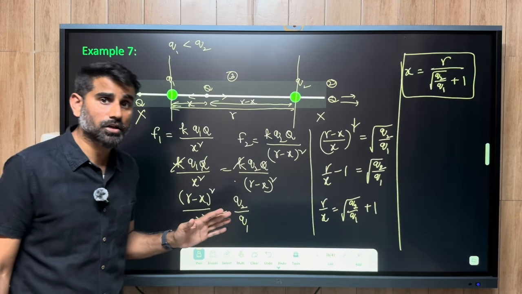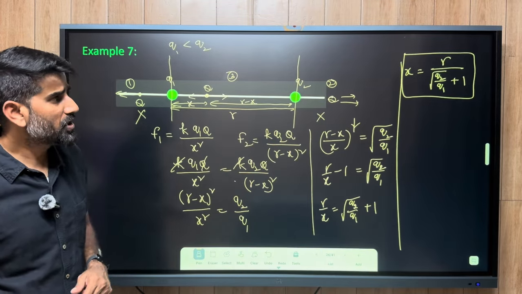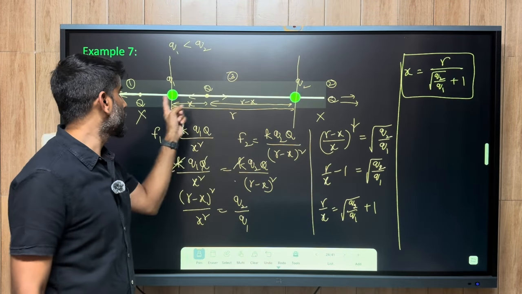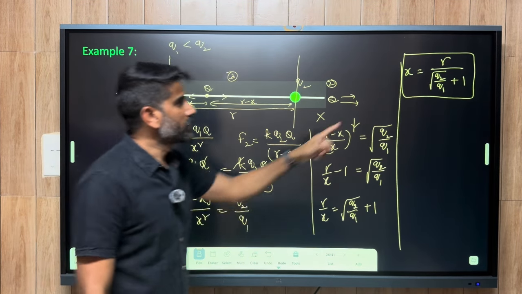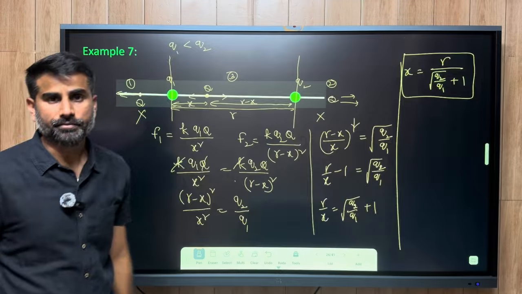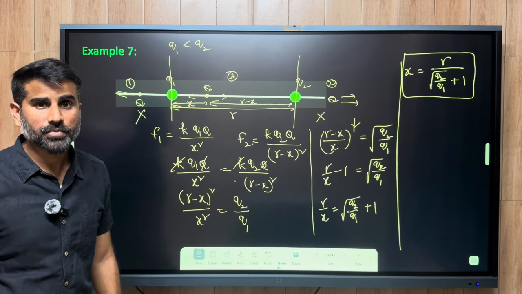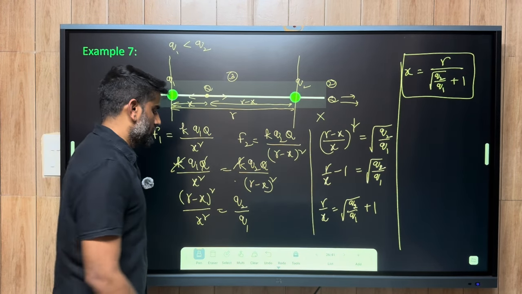Only the third particle will be in equilibrium. Net force on the third particle is equal to 0. For the third particle to be in equilibrium in this given scenario, when the two charges are of same nature, the equation will be x is equal to r by root over q2 by q1 plus 1. Okay, hope this example is clear to you, right?